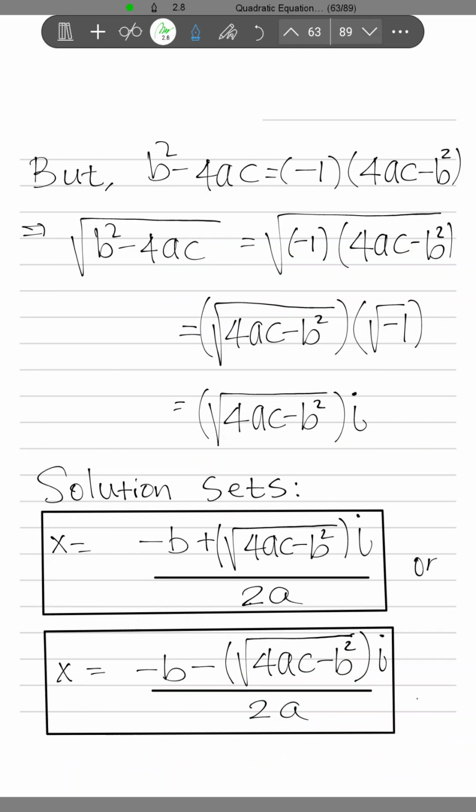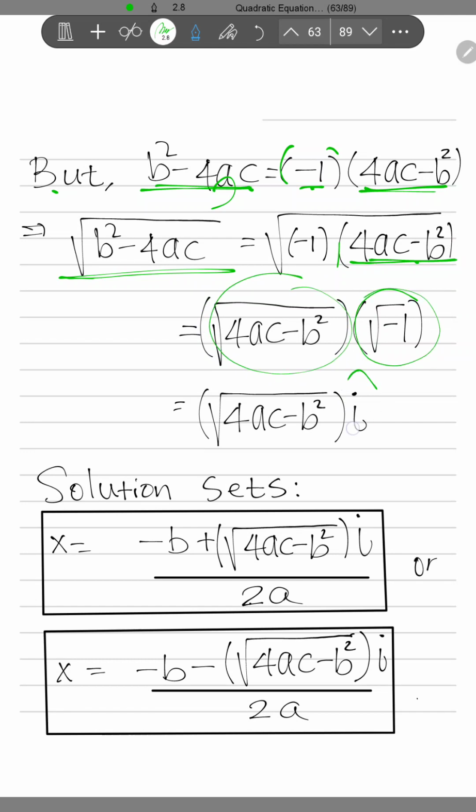So b squared minus 4ac is equal to minus 1 times 4ac minus b squared. Minus 1 is just iota. 4ac minus b squared is now a real number because b squared minus 4ac is negative, so 4ac minus b squared is positive.